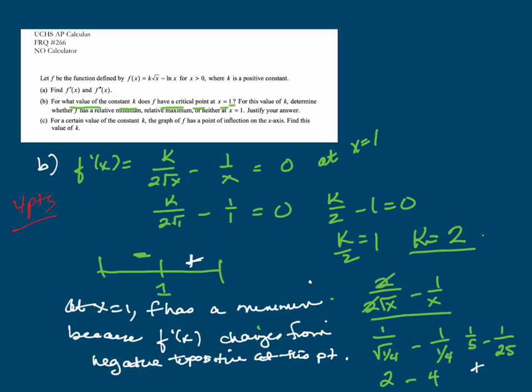So you get 1 point for setting f prime of x equal to 0, and you get 1 point for solving for k. And you get 1 point for your answer, that it's a minimum, and 1 point for the reason. So that was worth 4 points for B.